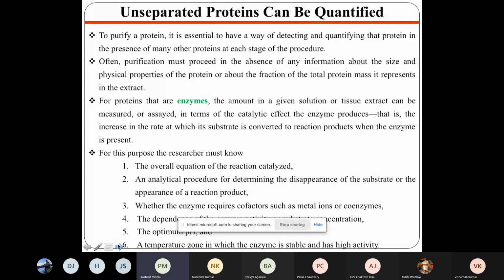So far, we have not talked about the concept of estimation of a protein. We have not talked about how you can take the extinction coefficient or the absorbance of the protein. But yes, it can be done. There is another method which is based on the binding of a dye with the protein.